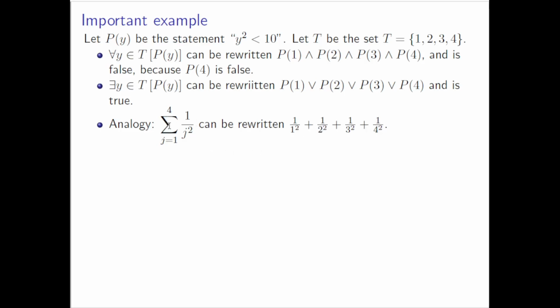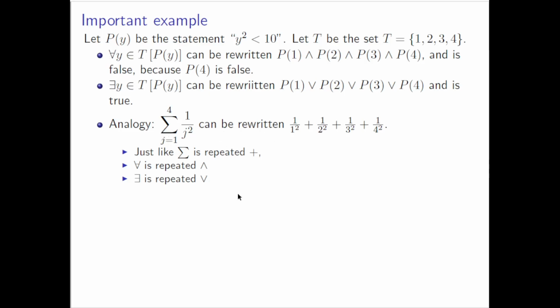So a summation symbol is just a multiple plus. And so that's the analogy. Just like summation is a repeated plus, for all is really a repeated and, and there exists is a repeated or. I think this puts some additional reasoning behind why you really can't take a for all and a there exists and treat them as if they're the same.